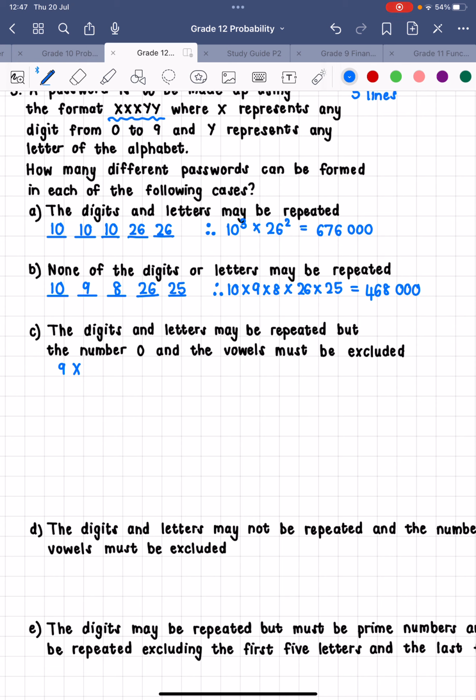Yes. 9, and then for the third number also 9, times 21 times 21. Or you can write 9 cubed times 21 squared. Right, up to you. 3, 2, 1, 4, 8, 9.